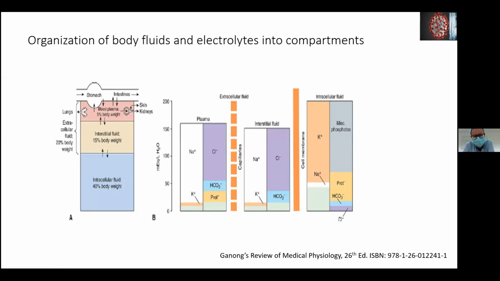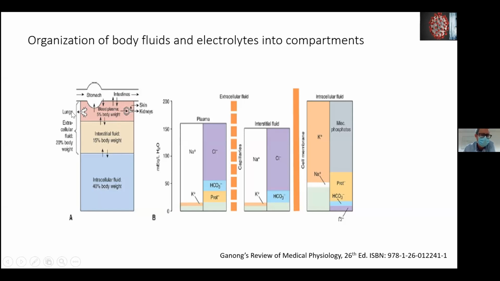And extracellular fluid is divided into interstitial fluid and intravascular. There is free fluid movement between those compartments, and that is very important, because from the intravascular space, fluid can move into the lung, the intestine, the skin, and the kidney, of course.